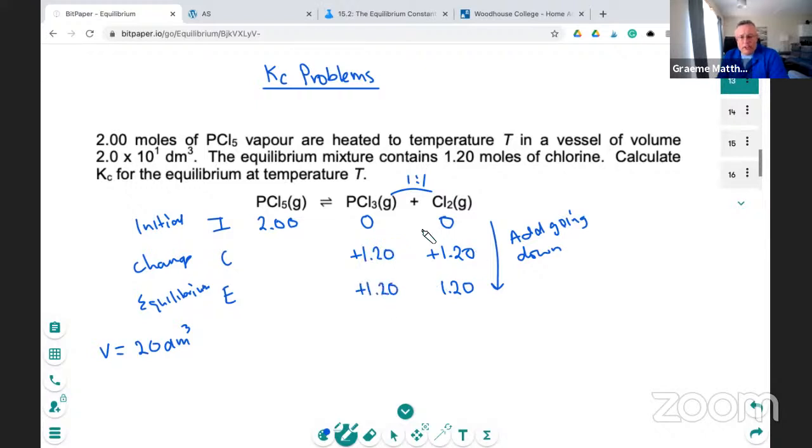It's going to be positive on the right-hand side in this example, because otherwise you would have a negative number of moles, which doesn't make any sense. On the left-hand side then, it daisy chains together, 1-to-1, so the left-hand side has to be negative 1.2, which is 0.8. Like so, 0.8. Now, this is moles.